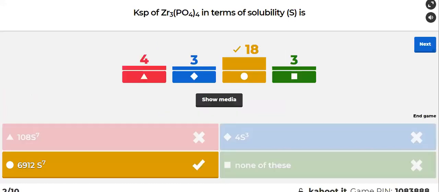Very good, all of you got it correct. If you see the reaction, it will be 3s to the power 3 into 4s to the power 4.